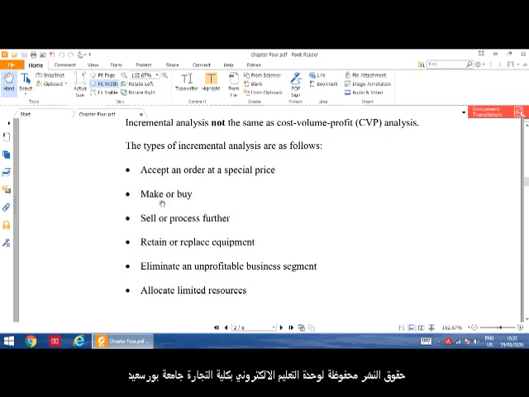Make or buy, sell or process further, retain or replace equipment, eliminate an unprofitable business segment, allocate limited resources. Today, we will discuss only the first two types: accept an order at a special price and make or buy decision.